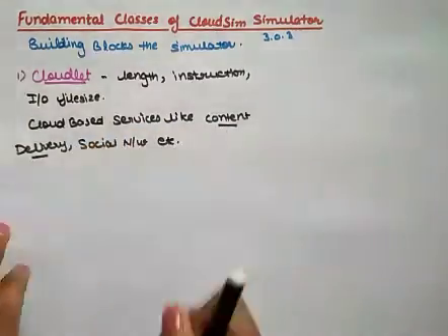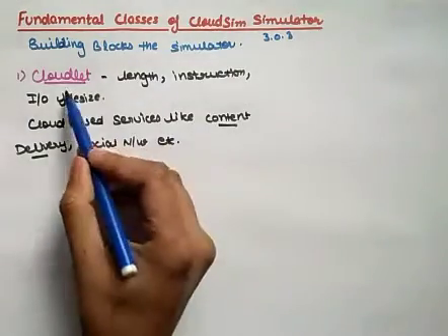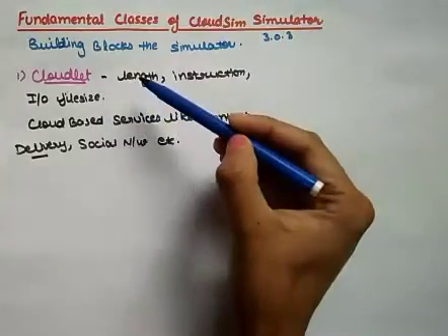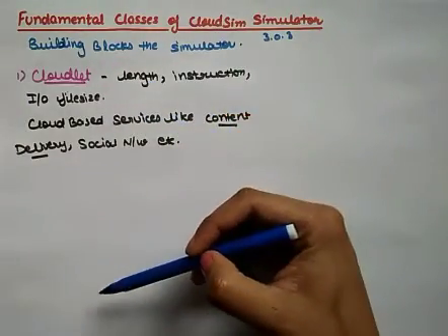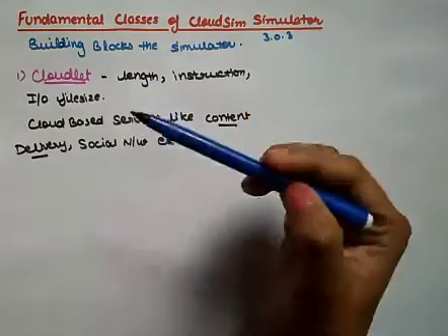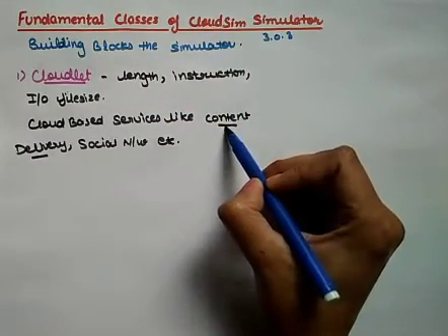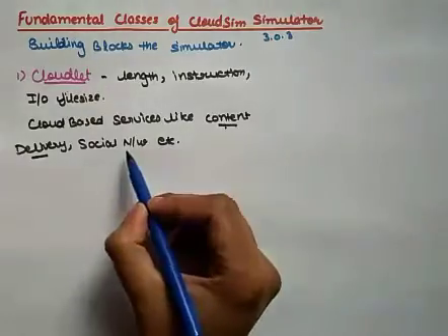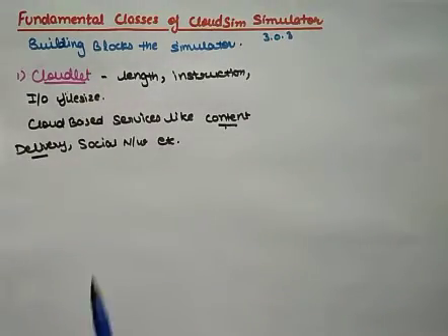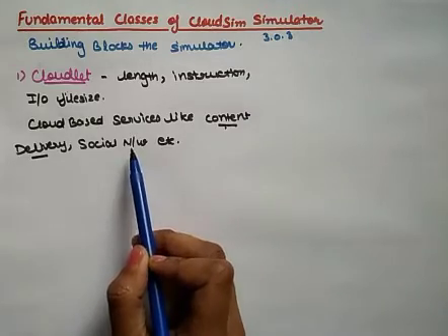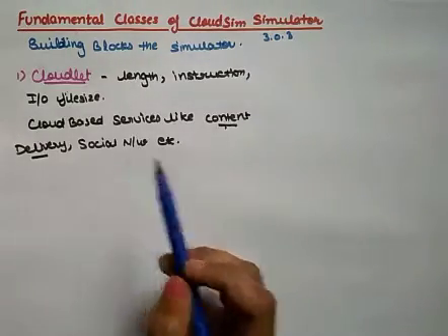Here content delivery means that with the help of this Cloudlet class, we can deliver the content from the cloud source provider to the cloud resource acceptor, that is from vendors to the end users, right? So this is content delivery and social networking, etc. With the help of Cloudlet, the data of social networking is stored very carefully and very securely.